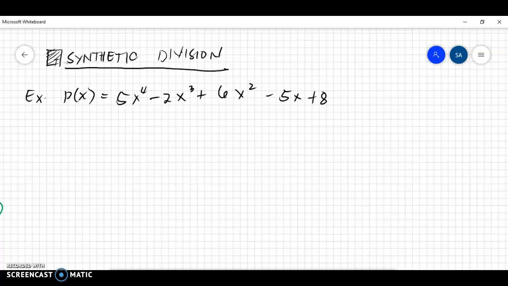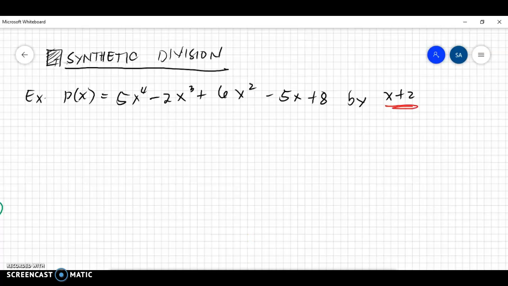And we want to divide that by x plus 2. Again, yung ginagawa natin sa synthetic substitution, we have to find first for the value of x.